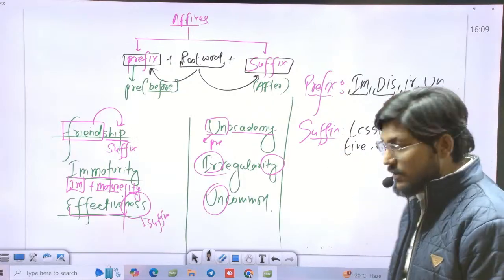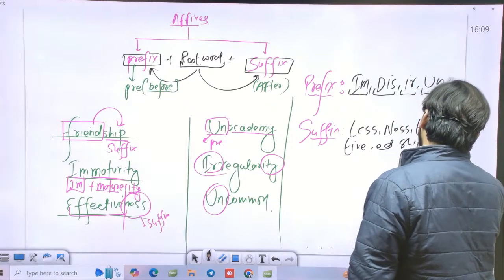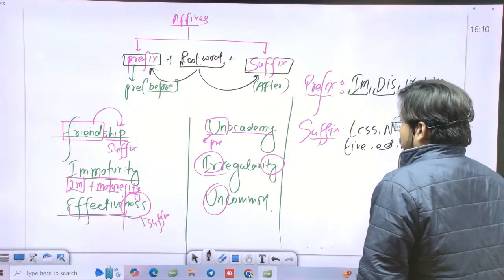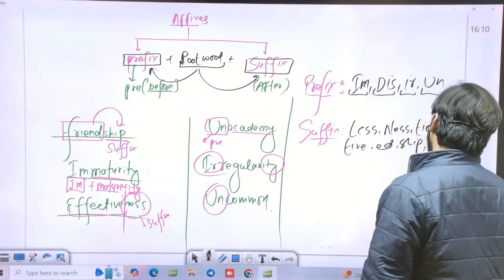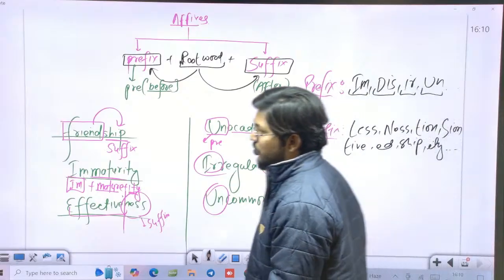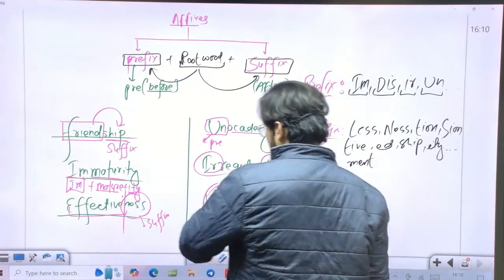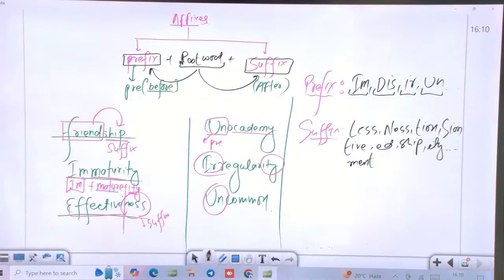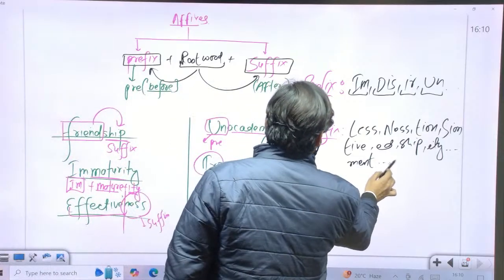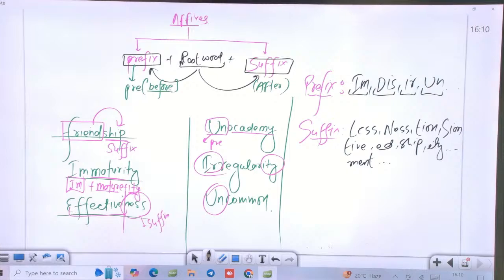Ship, ity, ment, and so on. So less, and ment is also your suffix. So you can identify them by affixes.